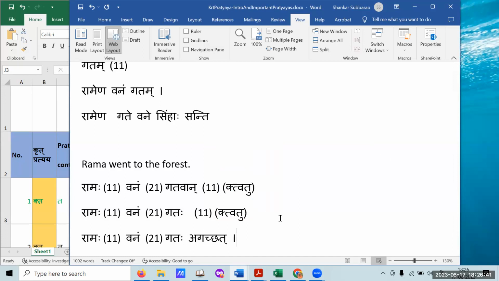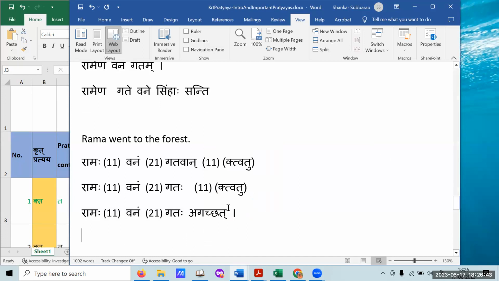Thank you. So you see now, what have we done here? This is a verb which is in third person singular. So now you have Ramaha Vanam Gatavan, Ramaha Vanam Gataha, Ramaha Vanam Agachat. All three mean what? Exactly the same. No difference.